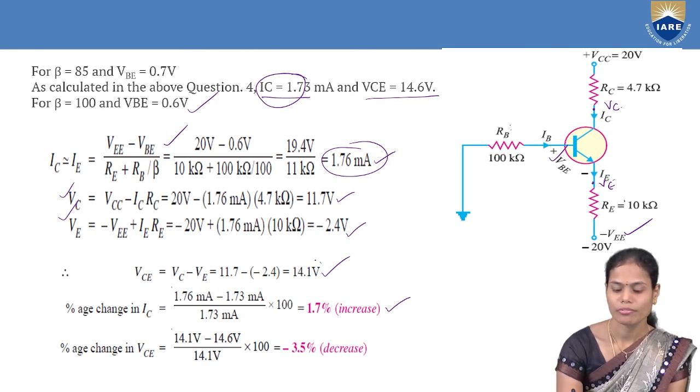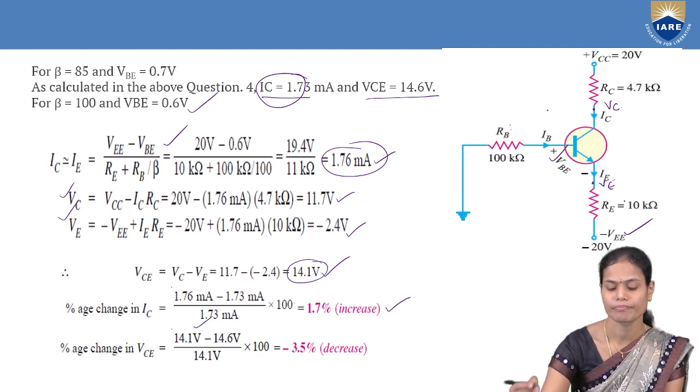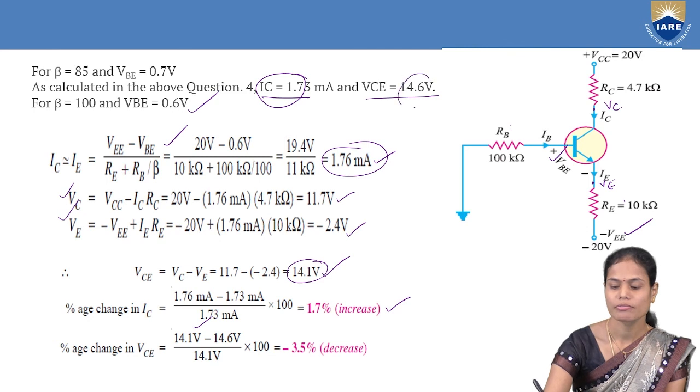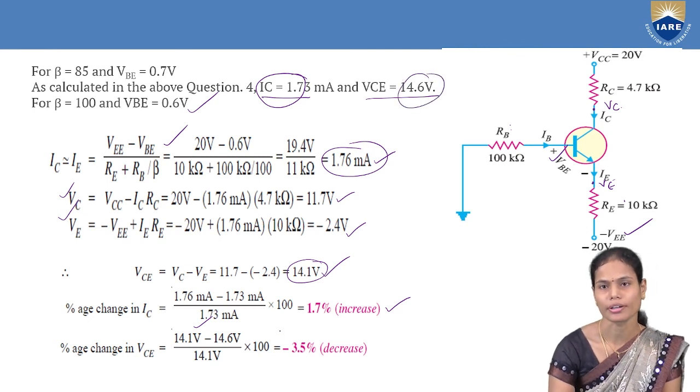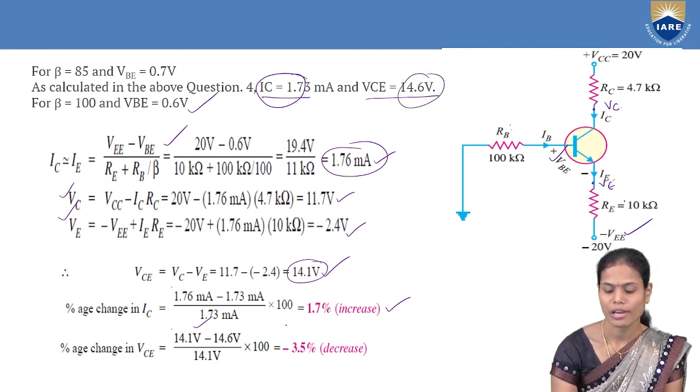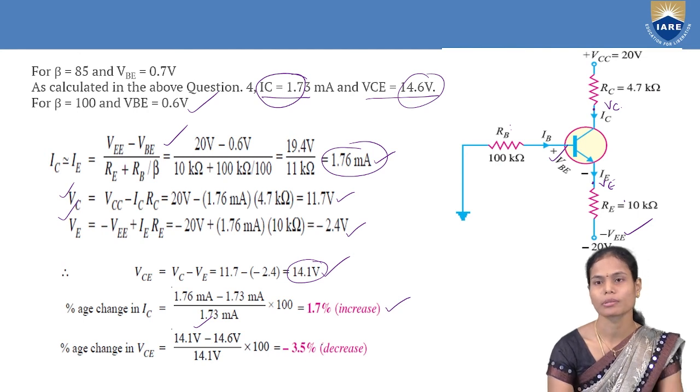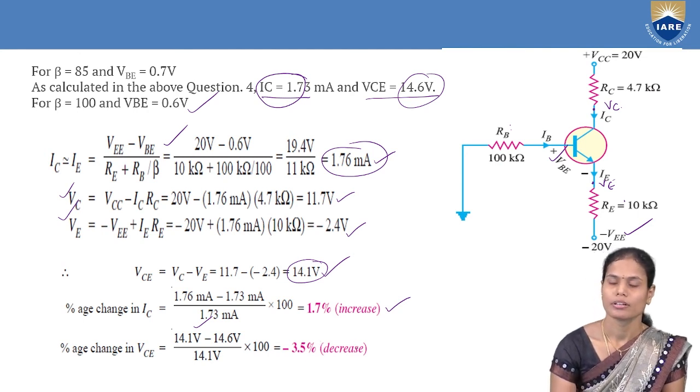The 14.1 volts we got for beta equal to 100, and 14.6 we got at beta equal to 85. After substituting both the values, we will get it as minus 3.5%. So it is decremental. So IC is increasing, VCE is decreasing here once the beta is varying.